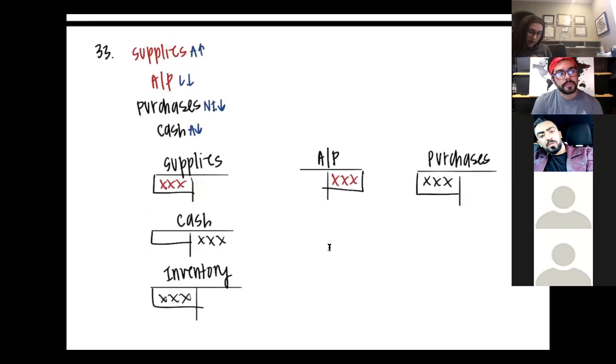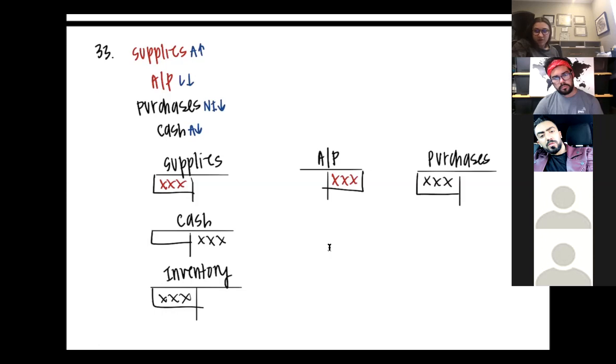So the answer, if our assets went up when they should have gone... So our supplies went up when they shouldn't have, but then inventory went up, so that cancels each other out.